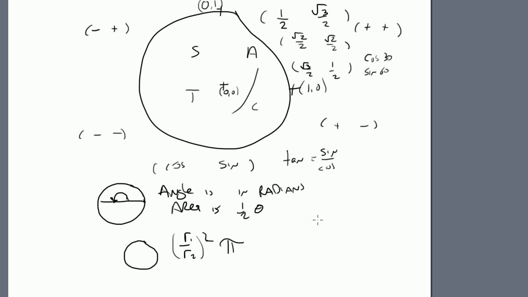You then move on to the sphere. The volume of a sphere is 4/3 pi r cubed, and the surface area equals 4 pi r squared.